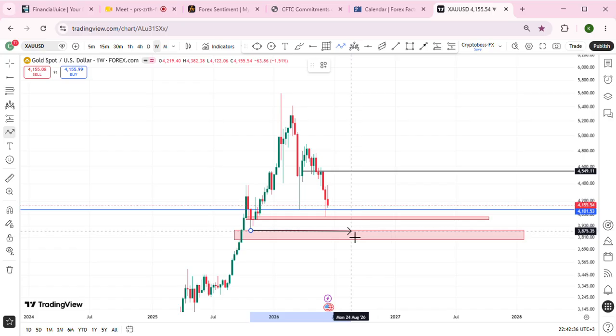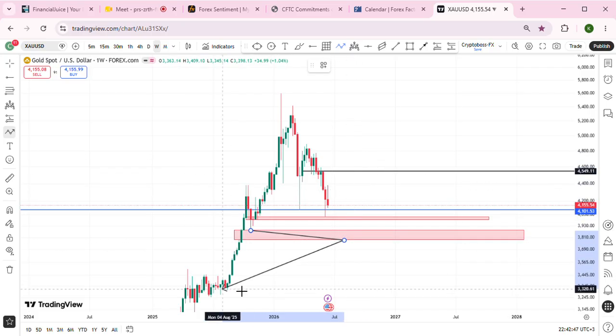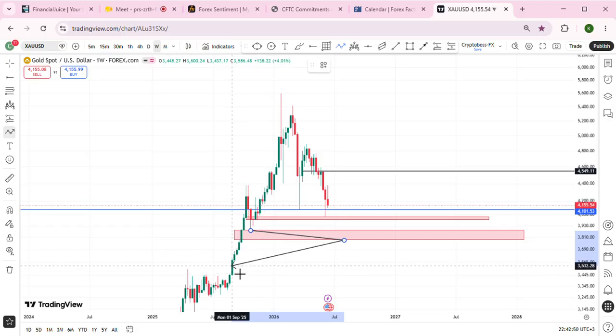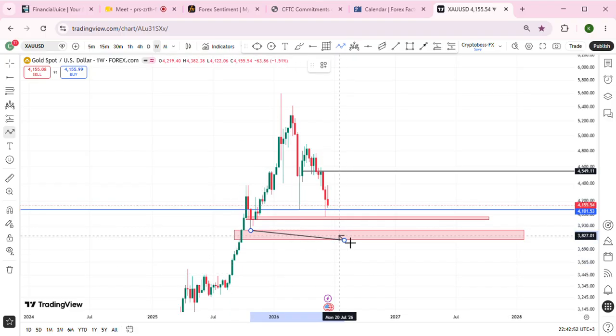So I believe the market is going to induce or swipe this liquidity, and probably it will come to this FVG here and then buy, or it can break and continue dropping, and if it drops we have other levels we can be watching. But as for now, this is the zone we'll be watching, because if things go well this week, we might see gold coming below where it had gone last week, but that is something we need to be very keen with.